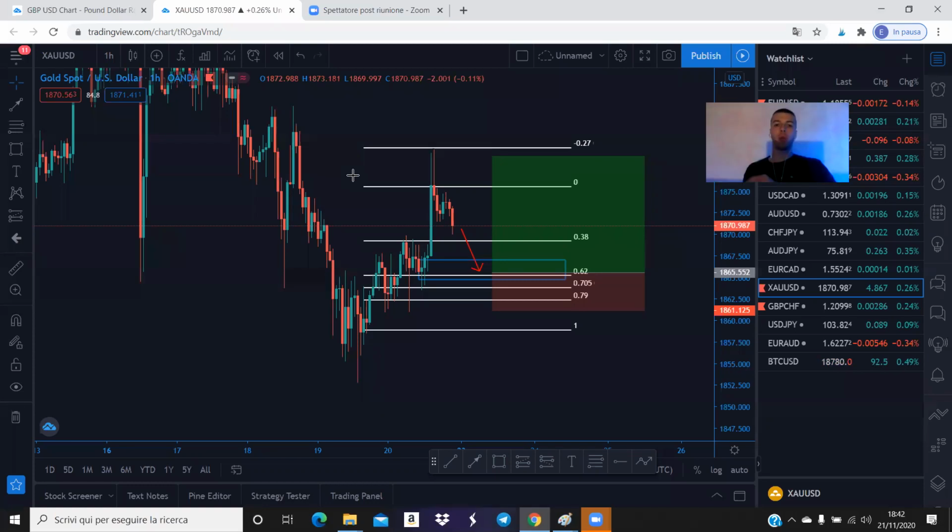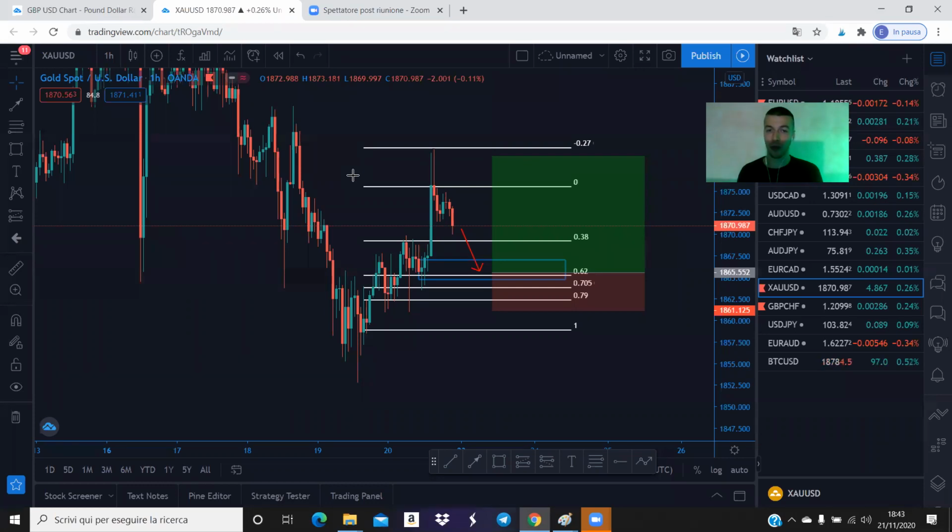With this strategy, for which percentage can you increase your account per month? Well, okay, it depends on many things. It depends on how much you're going to risk per trade, how much your risk to reward is going to be on average, sometimes 1 to 2, sometimes 1 to 3. How much you're going to risk per trade, 2%, 4%.